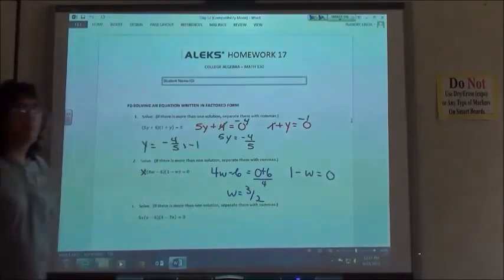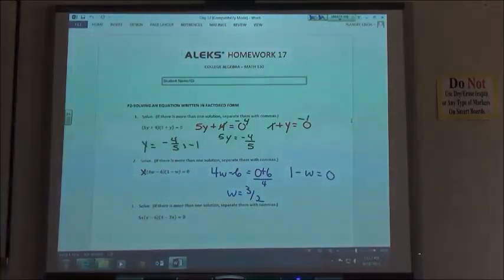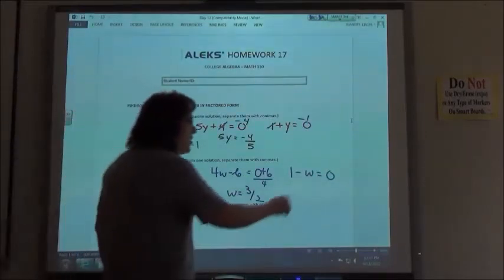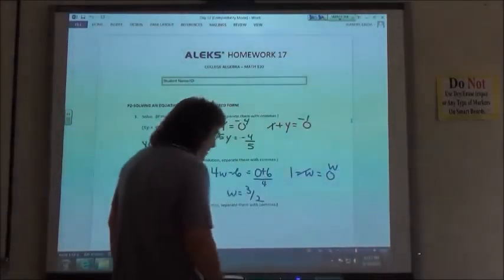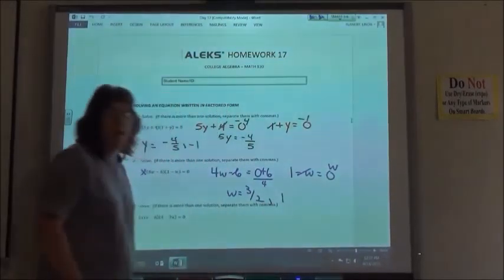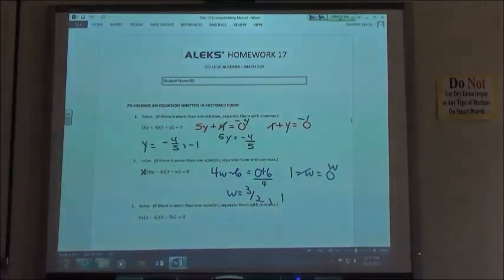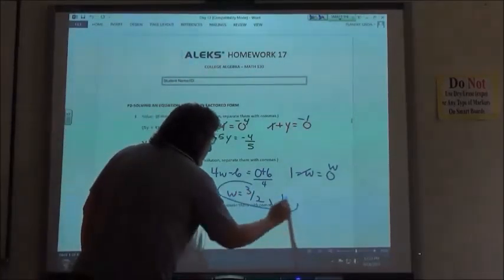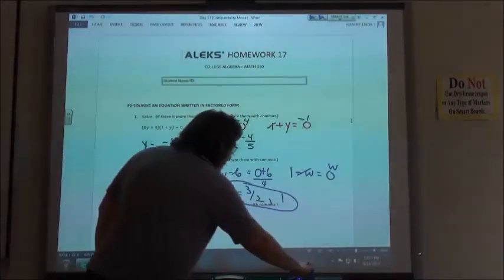On the second one, if we're going to solve that, add the w would be the shortcut because then that makes w positive, and so w is just going to equal 1. If you subtract by 1 and divide by negative 1, you get the same answer. So 3 halves and 1 are going to be my 2 solutions.